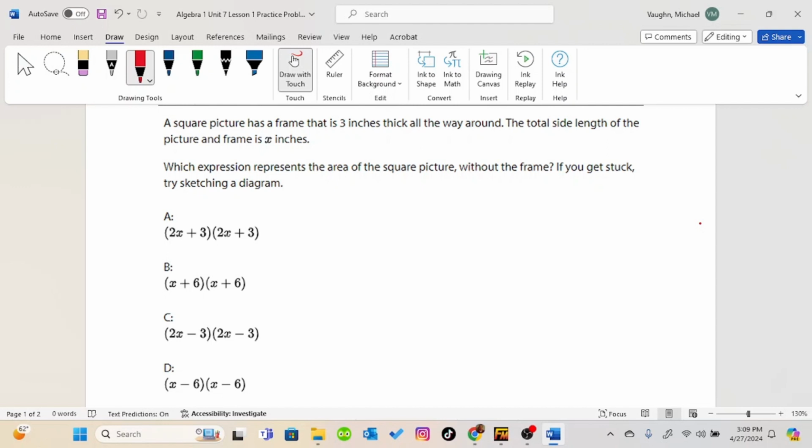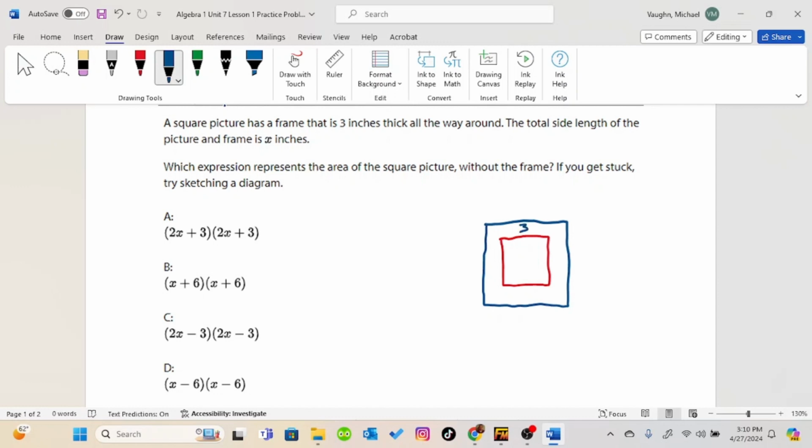So we're going to have a square, and this is going to be the picture. Then we're going to have the frame that is going around the picture, and it is also squared. And we know that the frame is 3 inches thick.